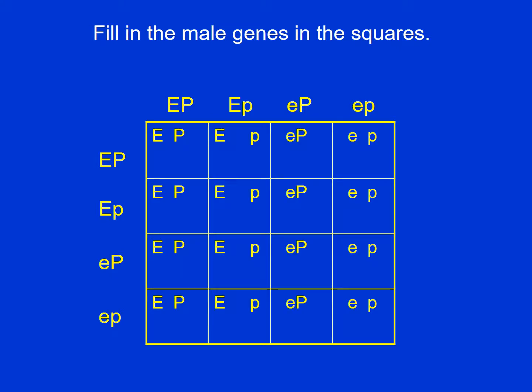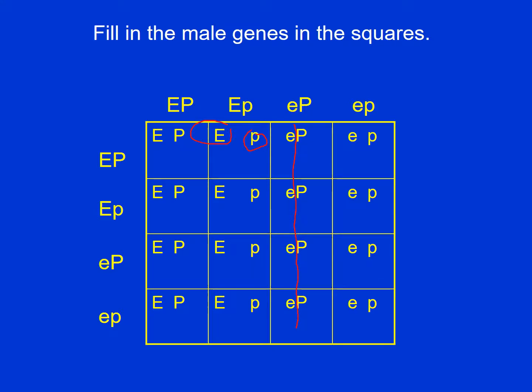So in this slide here, we've got all the male genes flowed down, and good idea, keep the uppercase to the left, keep the lowercase to the right. And in this case, we have the colored genes on the left, polled versus horned to the right.